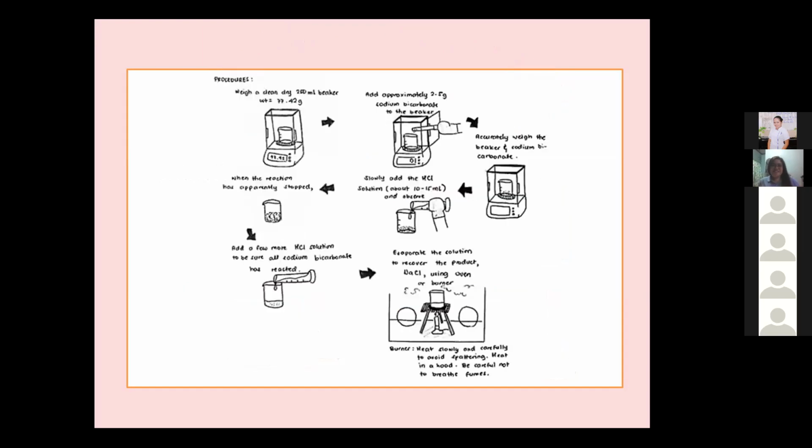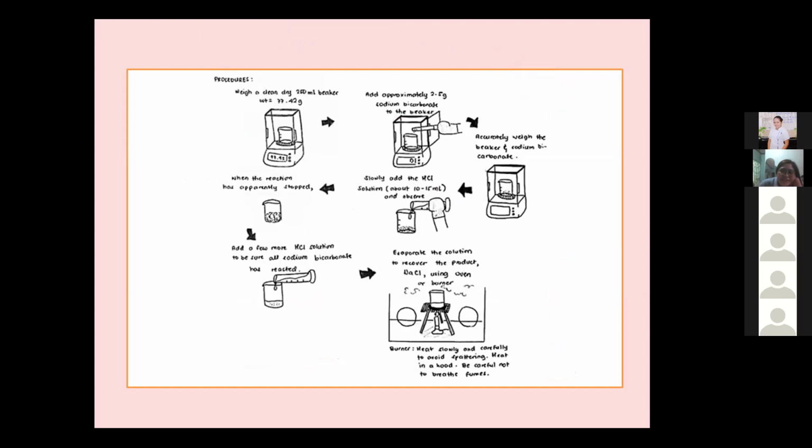For the procedure, first is to weigh a clean dry 250 ml beaker. Next, add approximately 2.5 grams of sodium bicarbonate to the beaker. Next is to accurately weigh the beaker and sodium bicarbonate.